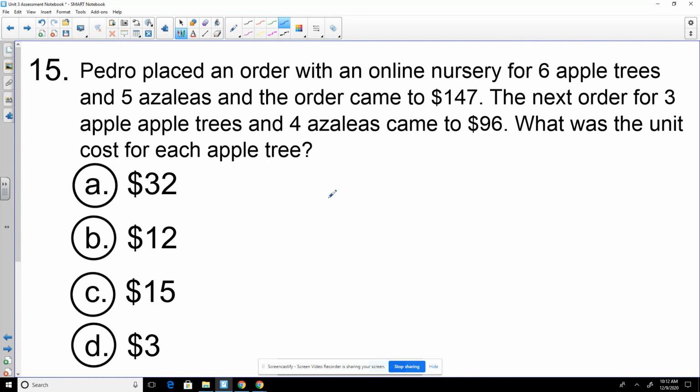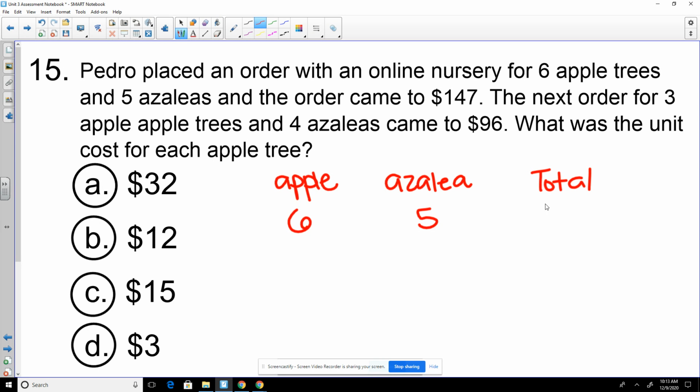Okay, and last one. Pedro placed an order with an online nursery for 6 apple and 5 azalea trees, and the order came to 147. So we have apples and we have azaleas. Then he placed an order for 3 apple and 4 azalea, and his total came to 96.